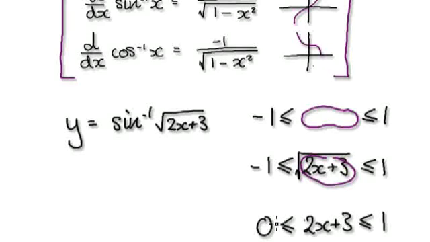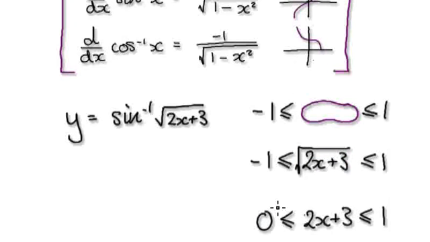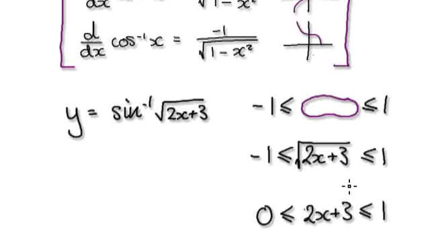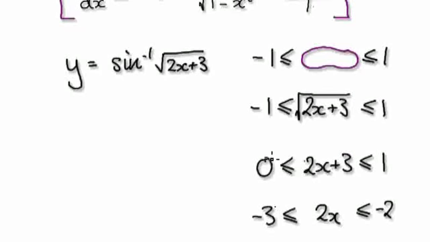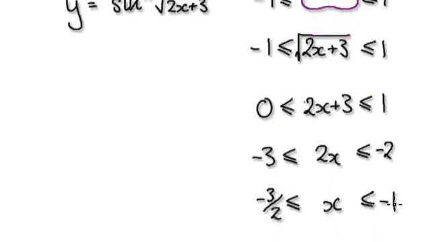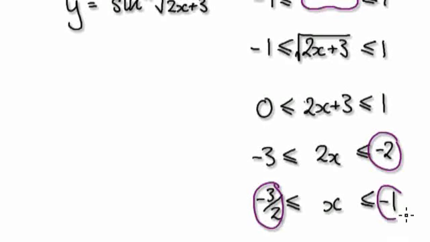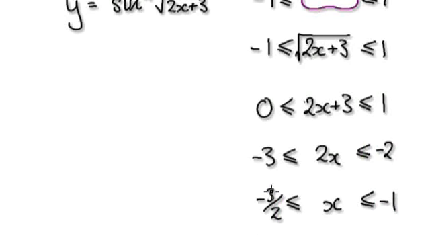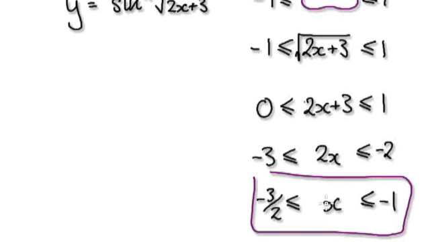Okay, and then now take away 3 from each side here. So this take away 3 will give you minus 3, and this take away 3 will give you minus 2. Now divide every side by 2, so that will give you this, and this side divided by 2 will give you minus 1. You see, this is the reason why our x is stuck within minus 1.5 and minus 1.